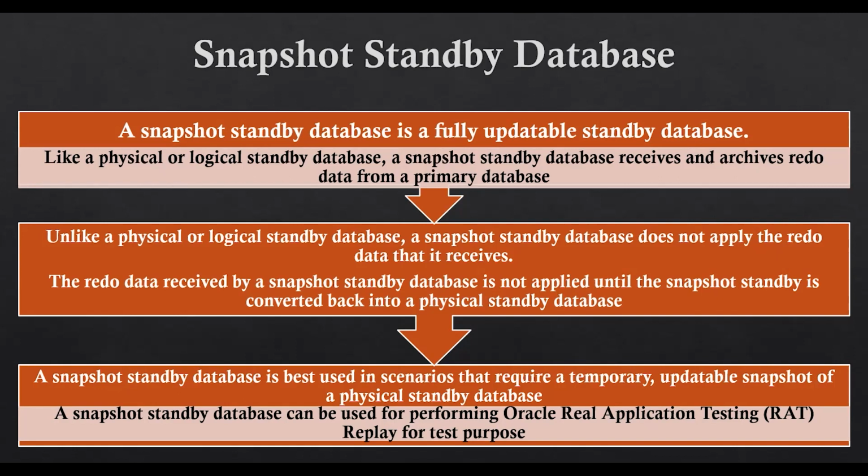You have created one physical standby database and you want to perform real-time testing with a similar amount of data, and that's why the snapshot standby database is very crucial and helpful whenever we are doing this kind of operation, like RAT testing, that is Oracle Real Application Testing, as well as replay.